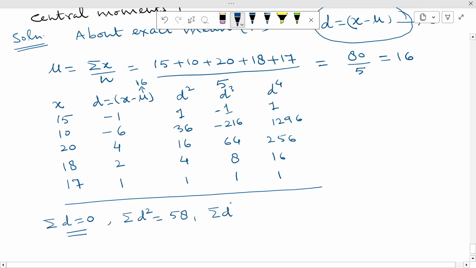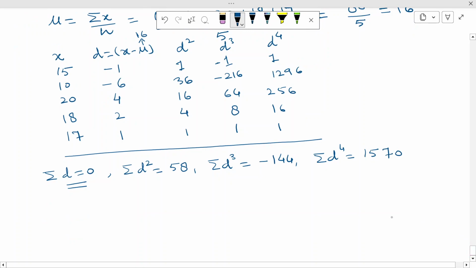Similarly, summation d cube is coming out as minus 144, and lastly summation d to the power 4 is 1570. So our first moment, because we are calculating the central moment, is always 0.